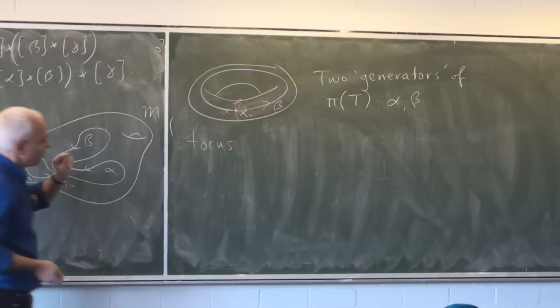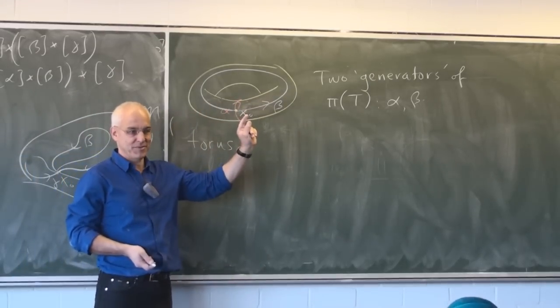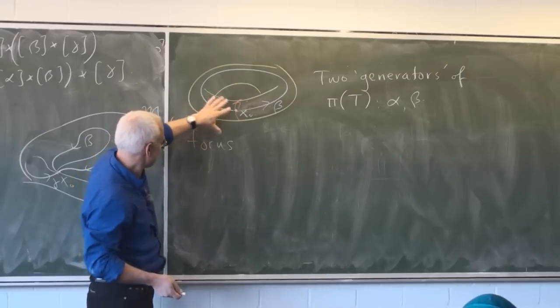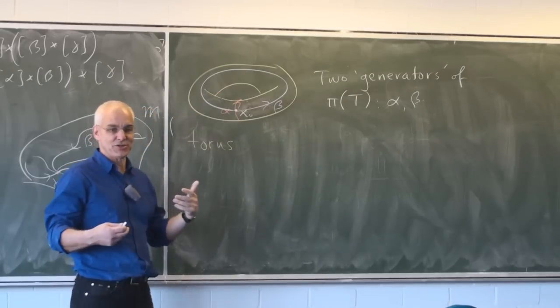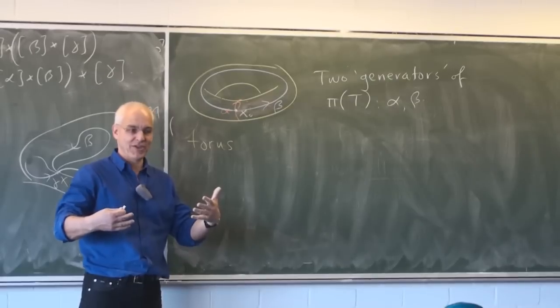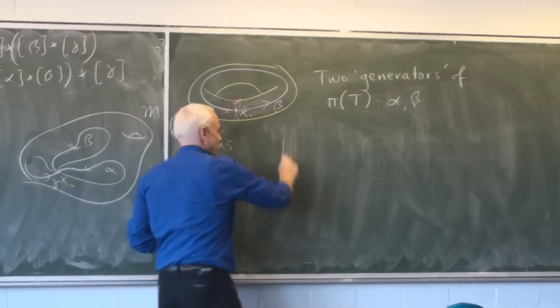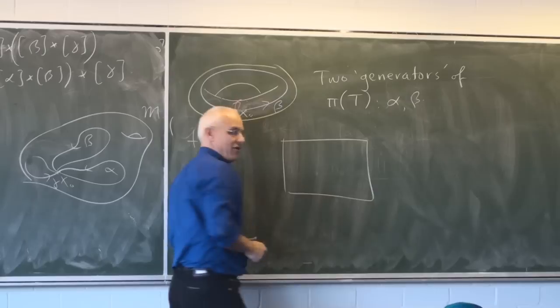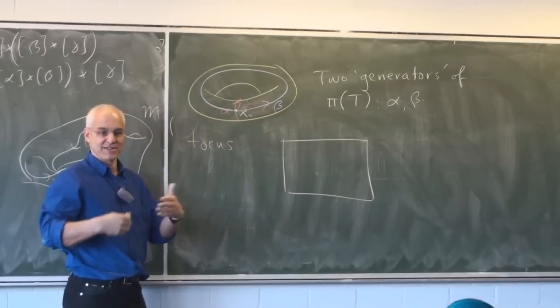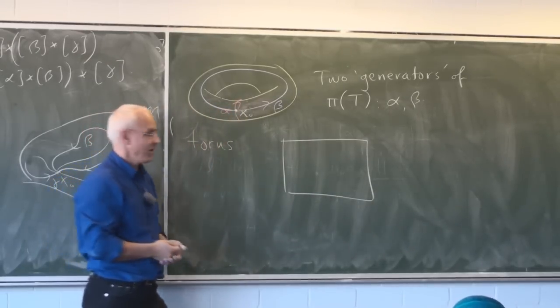Now it turns out that there's a relation between alpha and beta, which is, okay, you can see it from this diagram, but it's a lot easier to see if we open up the torus and use our standard model of it as a square with opposite sides appropriately identified.